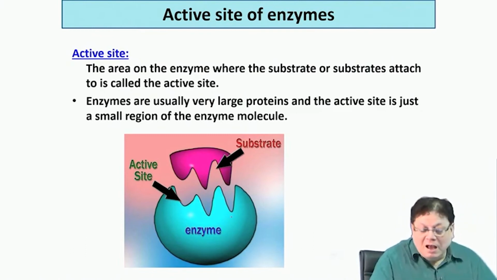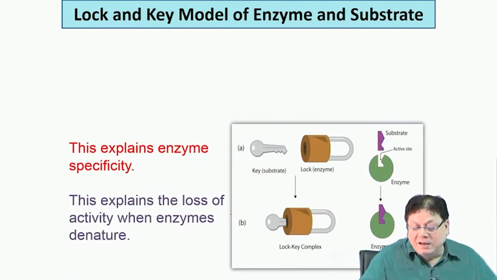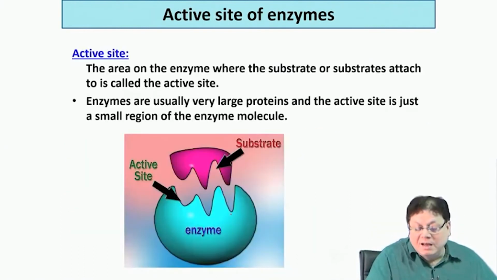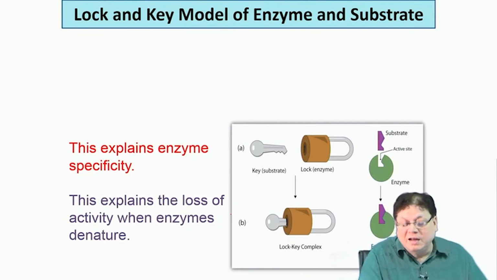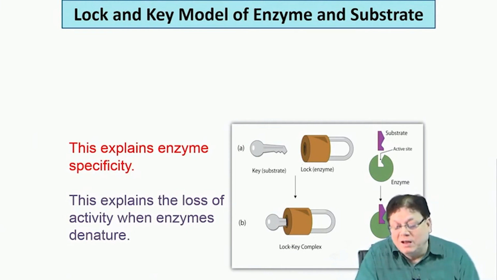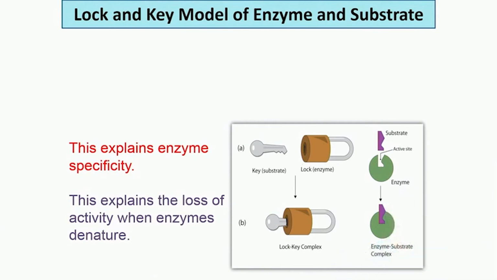Now, this is also called the lock and key. The enzyme mechanism was earlier described like this, that this active site is kind of a lock and the substrate is like a key. So, the key goes there, the substrate goes here, and as you do something here, you rotate it, it opens up.